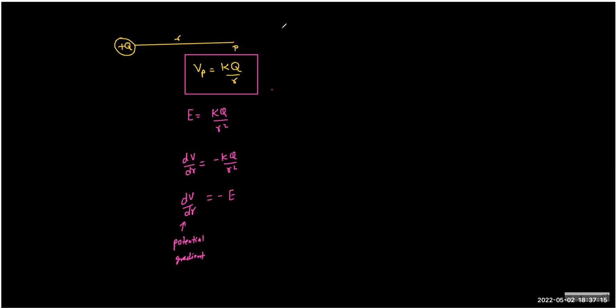So the heading was a relation between E and V. We can say E equals minus dV by dr. This is for a one-dimensional case. We'll try to make it more generalized and understand what it means exactly.